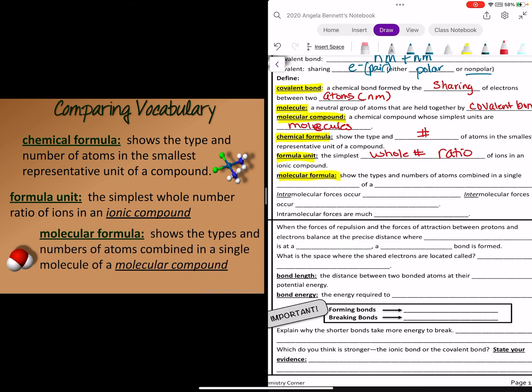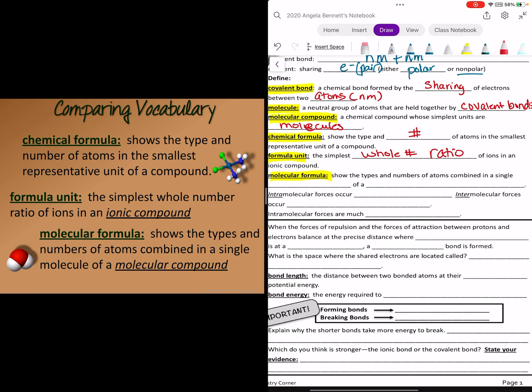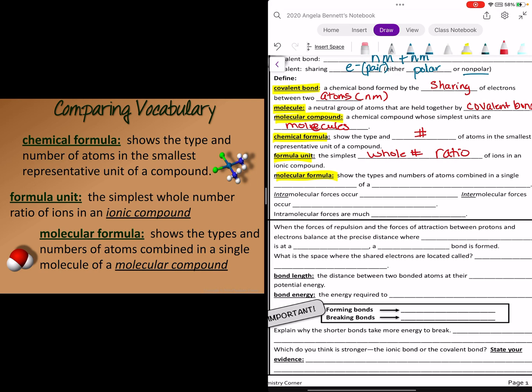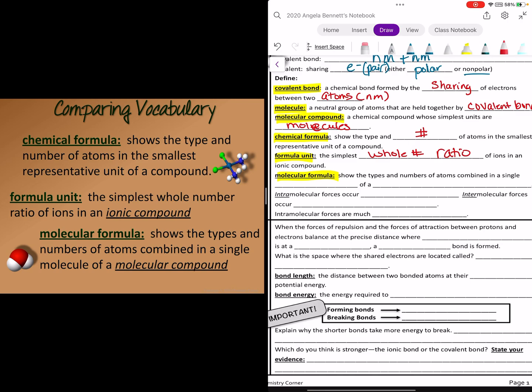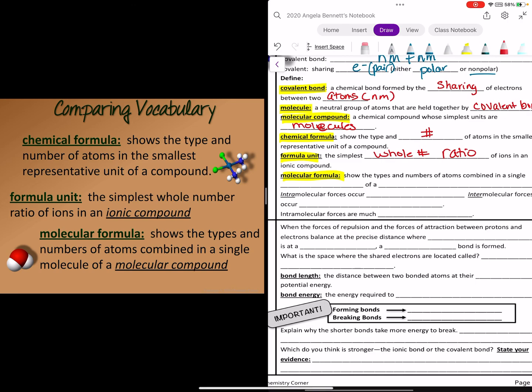And then the last review vocab phrase, because it's two words: molecular formula shows the types and numbers of atoms combined in a single molecule of a molecular compound. Okay, so that is the review vocabulary.